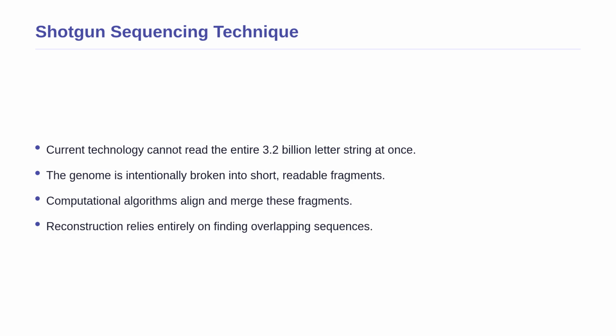Once we have these millions of short fragments, computational algorithms take over. They align and merge these fragments based on their overlapping sequences to reconstruct the original, complete genome. It is exactly like finding the overlapping words in our shredded encyclopedia to rebuild the pages.